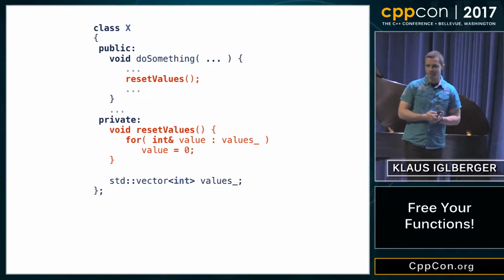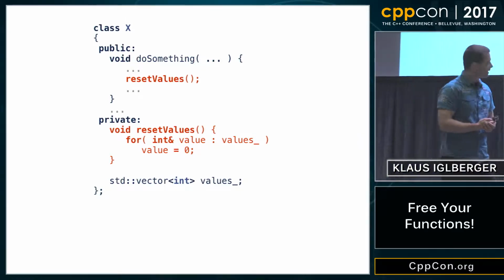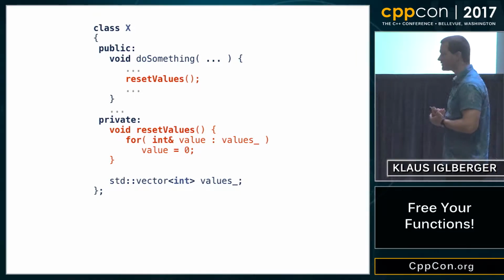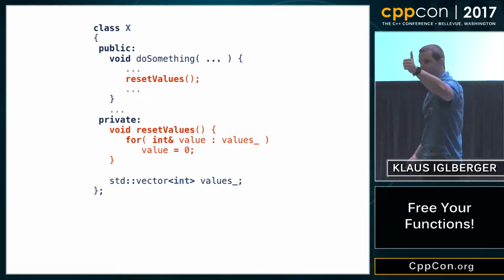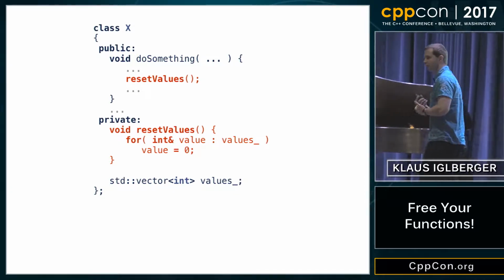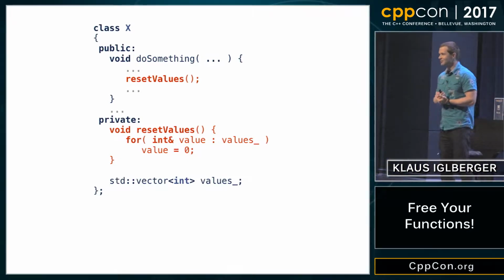This looks okay. However, there is something that we do not see. So how many dependencies do I have in the reset values function? Is it 1? Is it more than 1? Okay, tough question, I know.